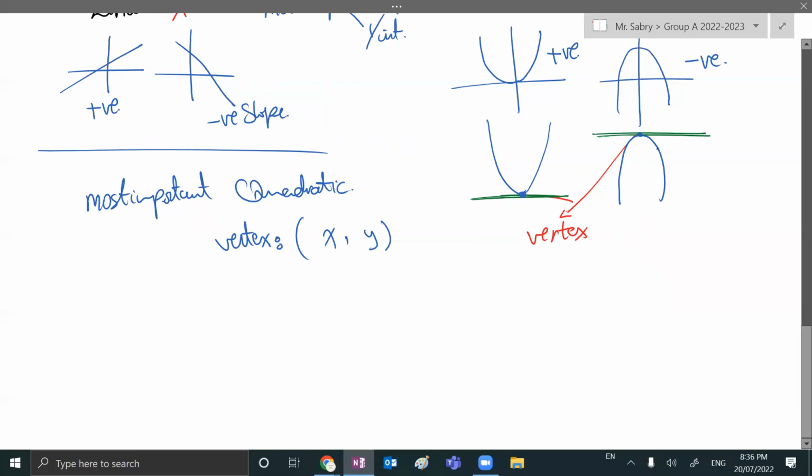So the y coordinate of the vertex is either the maximum value of the parabola or the minimum value of the parabola. If the parabola is looking up, then the y will be considered the minimum value. If the parabola is looking down, then the y of the vertex would be considered the maximum point, the highest point of the parabola. So far, does this make sense or not?